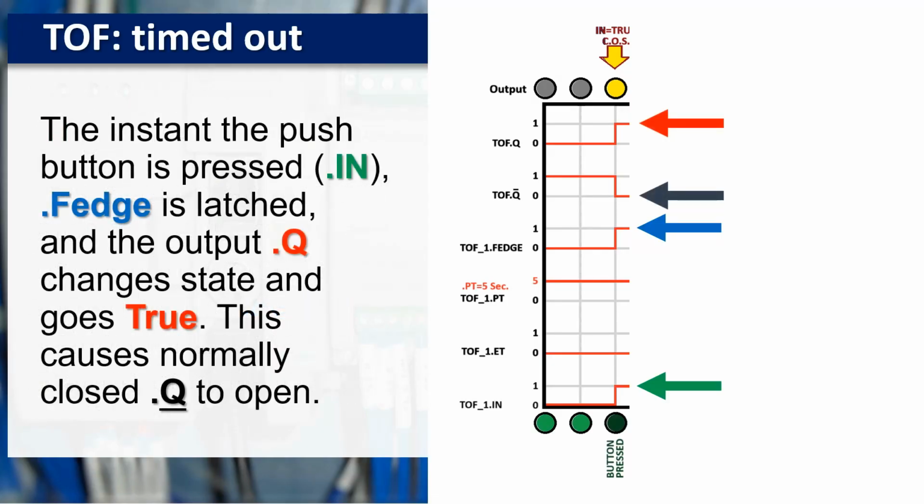So the instant the push button is pressed, the .in is made true, the .fetch is latched, and the output Q changes state and goes true. This causes the normally closed not Q to open.